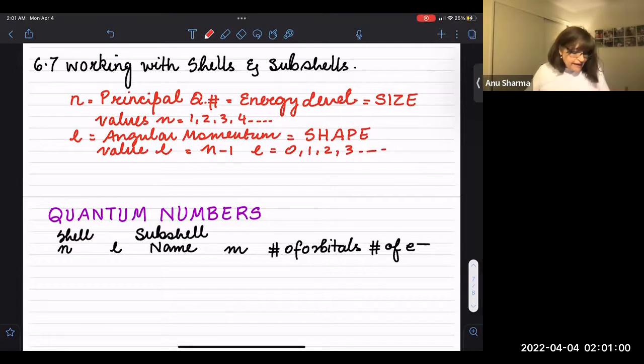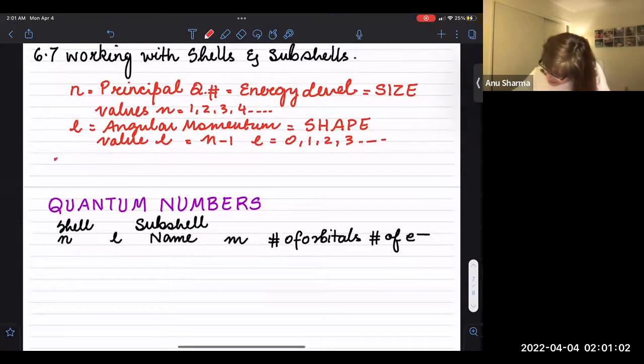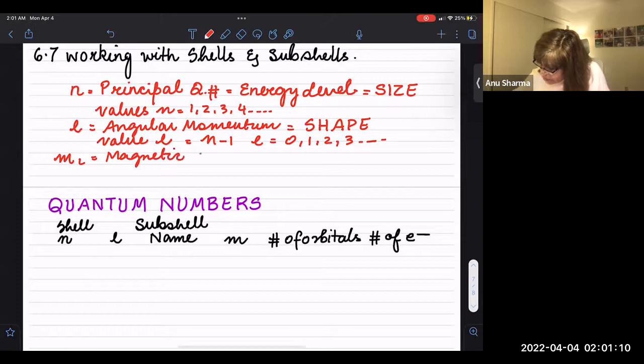Next is ml. Now ml is the magnetic quantum number. And what does the magnetic quantum number deal with? It deals with orientation, like in 3D.